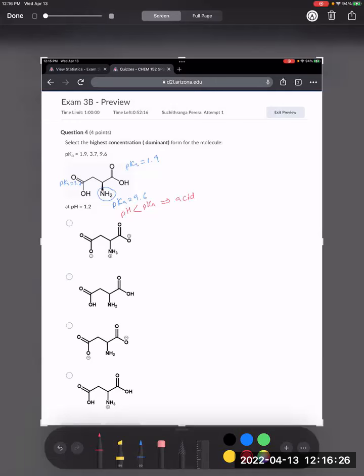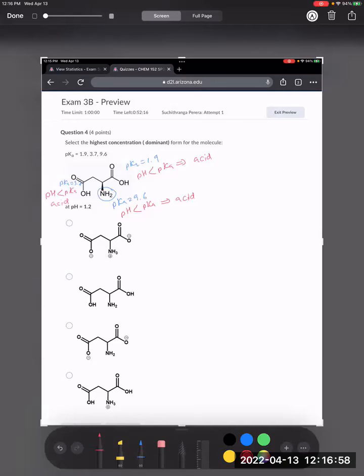Okay, and if we go to the next carboxylic acid group, the most acidic one, our pH is 1.2, which is less than the pKa of that. Therefore, the acid is dominant. And then when you go to the last one over here, again, our pH of 1.2 is less than 3.7, which is the pKa of this carboxylic acid group. Therefore, the acid is dominant.